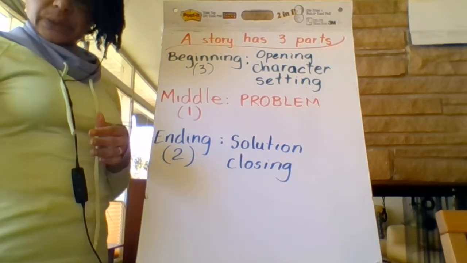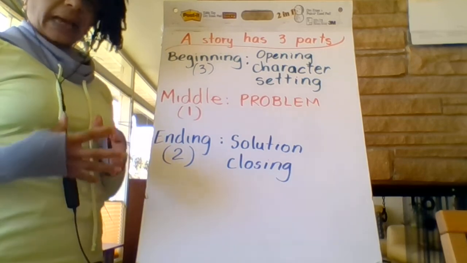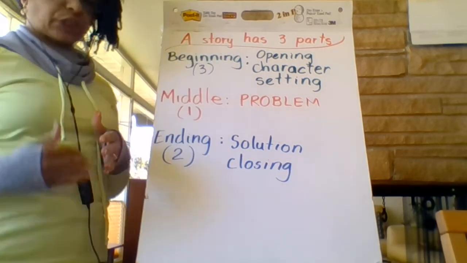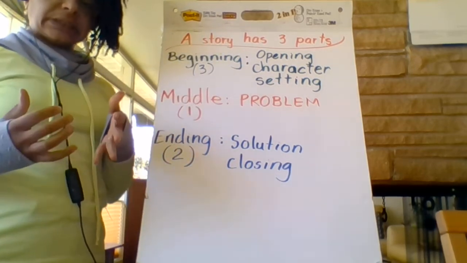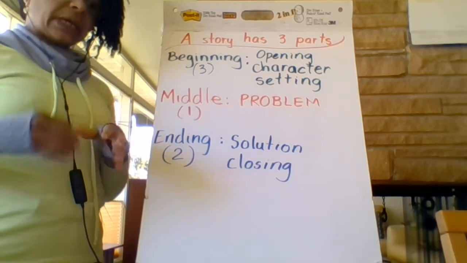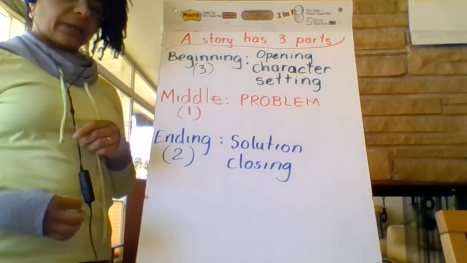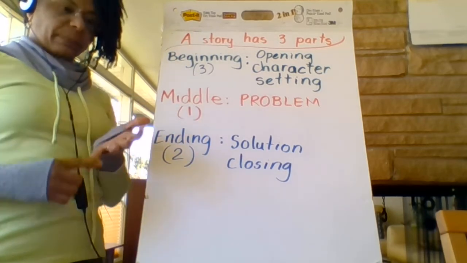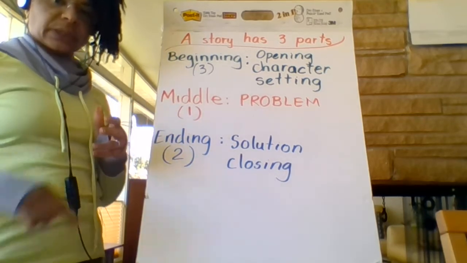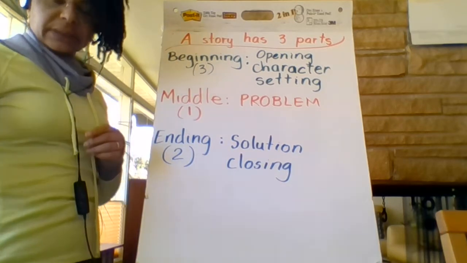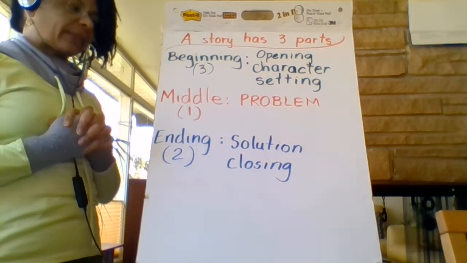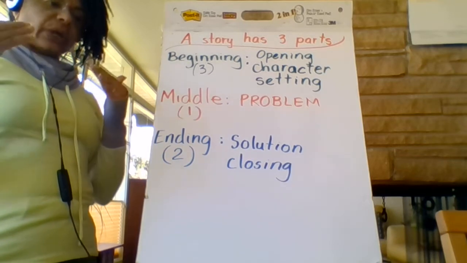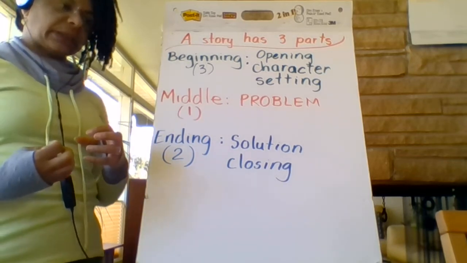Now, since I was using the masks to kind of help you understand the process, I didn't do a formal retell of the story. So basically, once you take a picture walk, once you reread the story, you practice with some props like that, then you have a better understanding of the story.